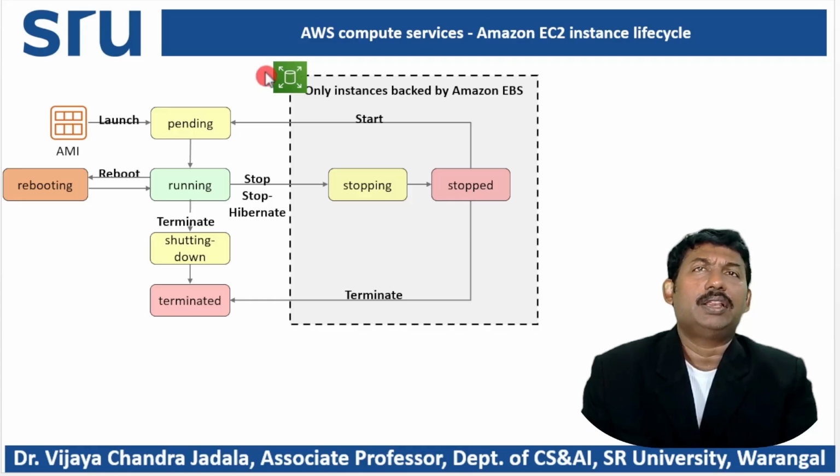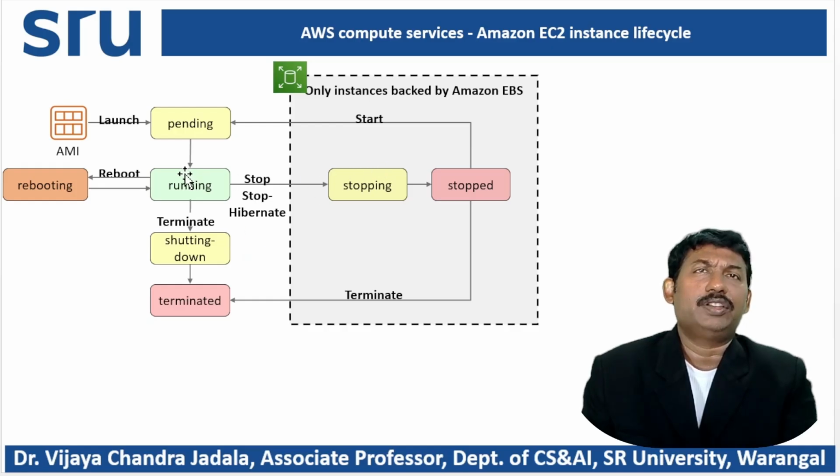where the instance is given an AMI, Amazon Machine Image. When it launches, it goes to a stage called pending, and from this stage you can go to the running stage, then to the shutdown stage, and the final stage is terminated.